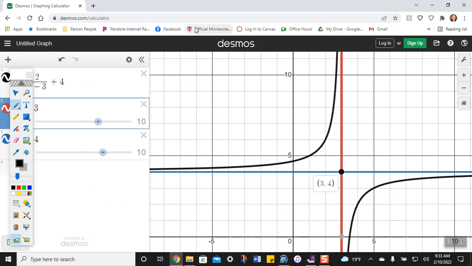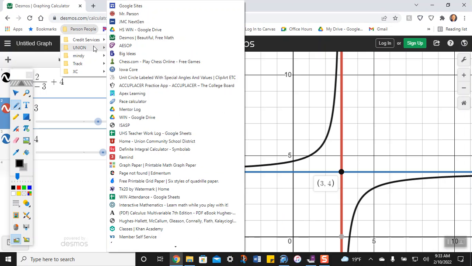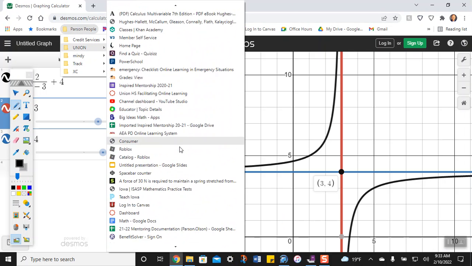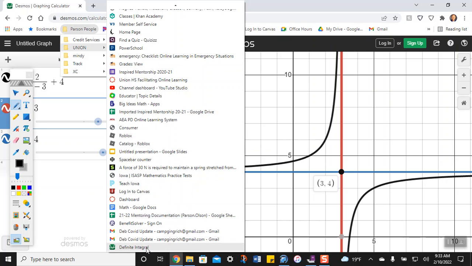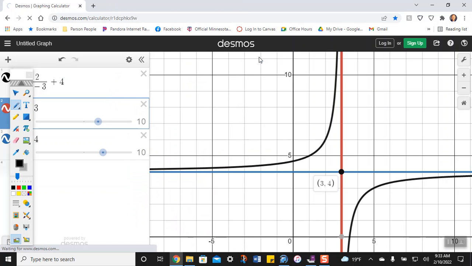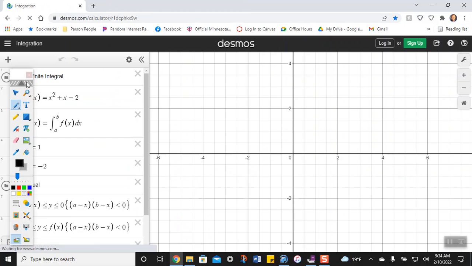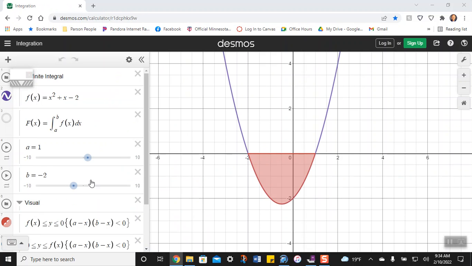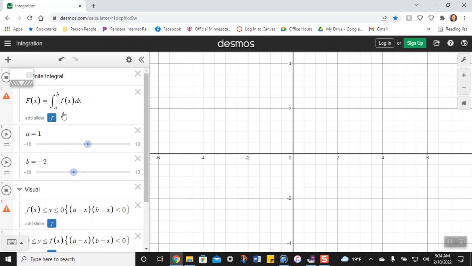Hopefully I bookmarked it correctly. Please be down there. Oh, definite integral. Have I screwed this up already?